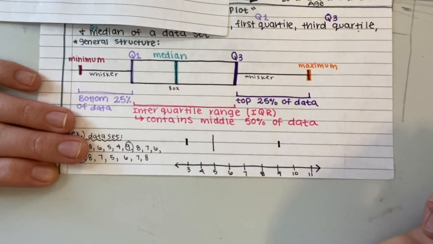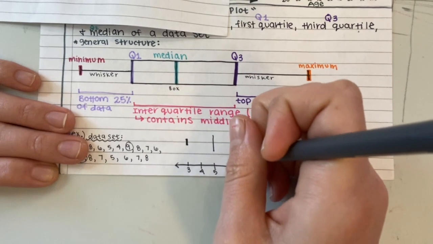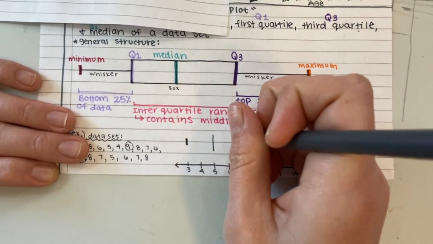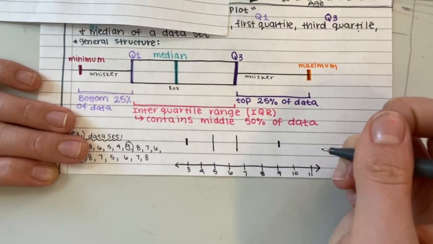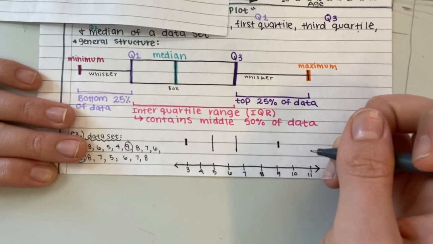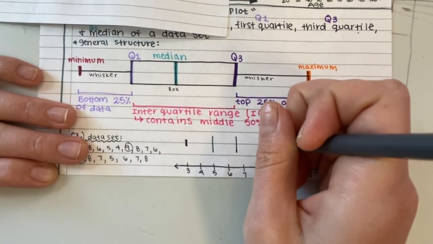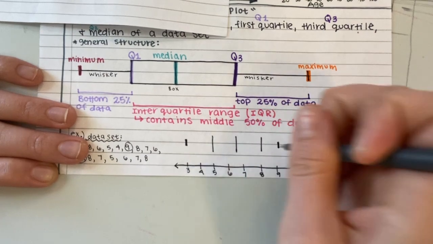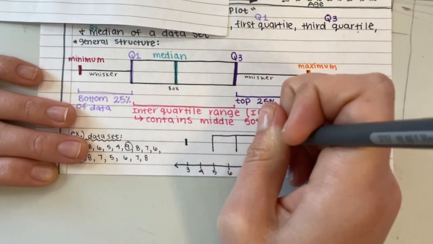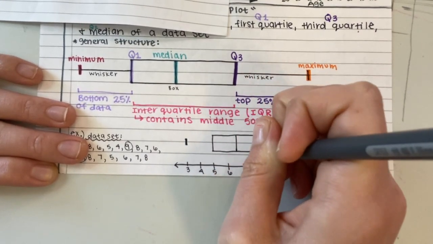I know the median is 6.5, so I just want to estimate where 6.5 is. And then quartile 3 is 8. And then I have my box plot.